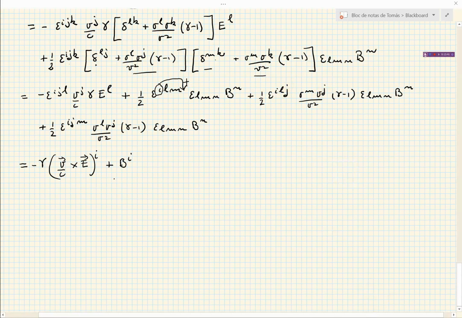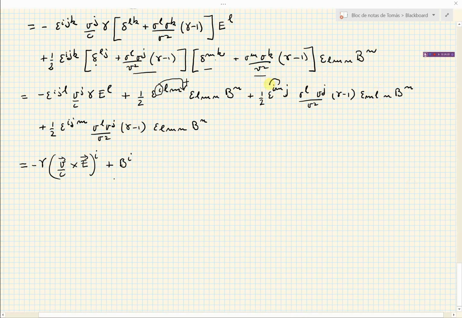So let me call now l, I call m, and m I call l. So I get epsilon_{imj}, this would be l, and here this is m l n. Now I see that they have the same indices but in different orders, so let me put them in the same order.